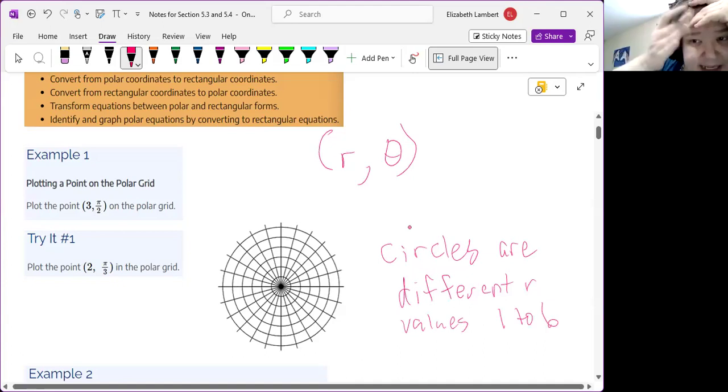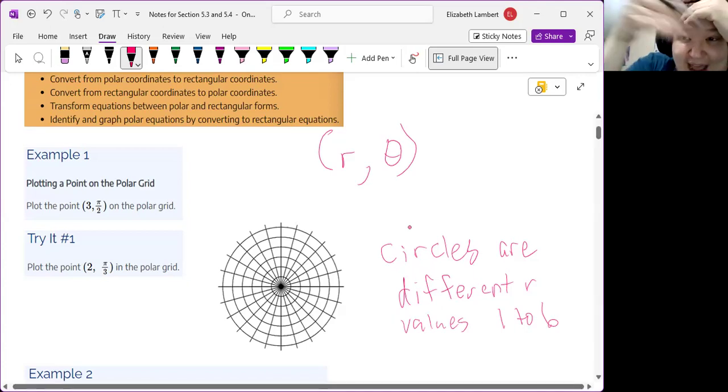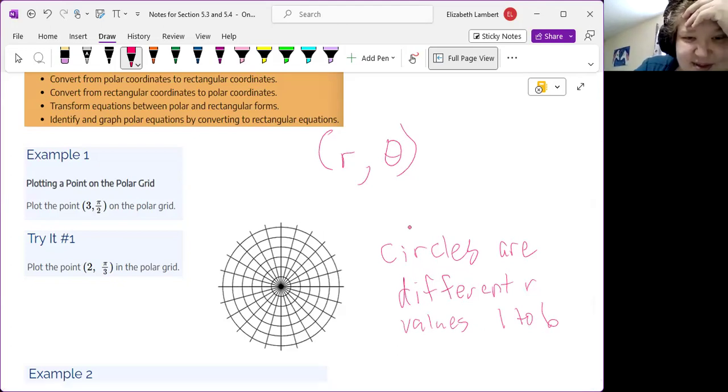Instead of tick marks on an x-axis, we have these circle ticks. And then our thetas are all of the angle lines. So we have 0, and straight up and down is pi over 2. Way over here is pi. Down here is 3 pi over 2.